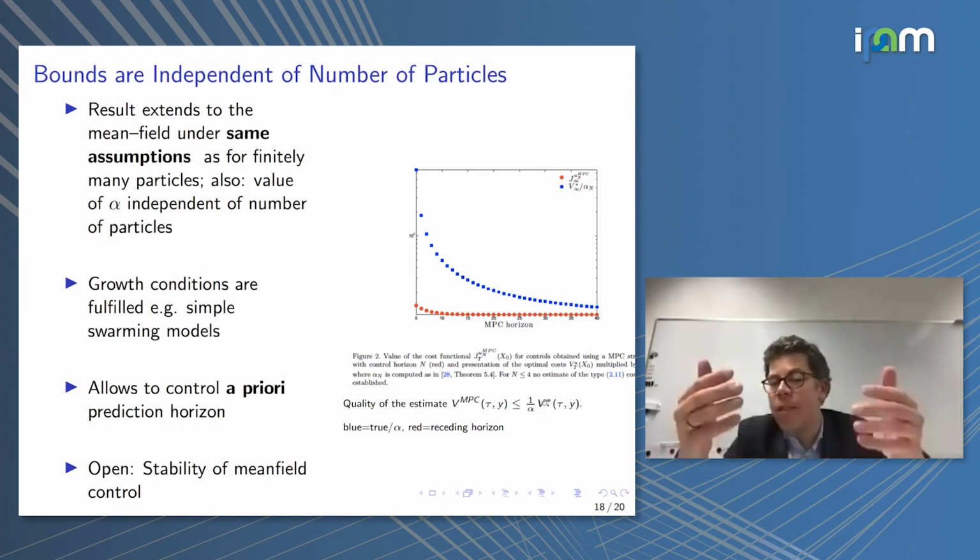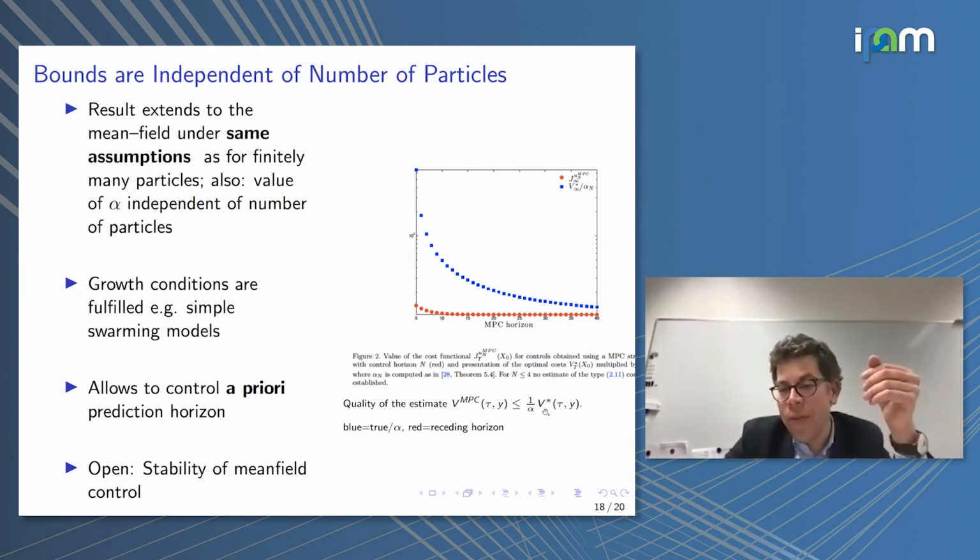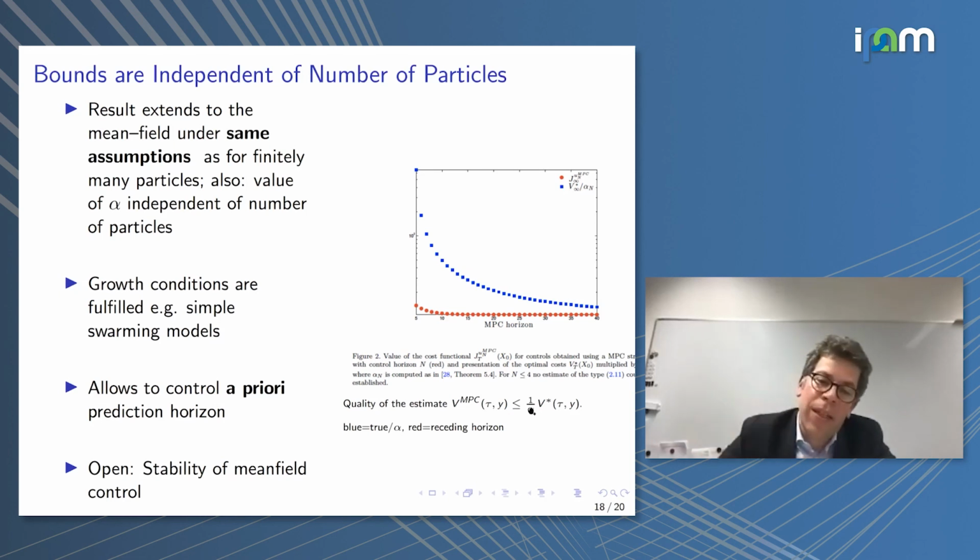So V star would be the value function for the open loop control, and 1 over alpha is then the factor with which this deteriorates.